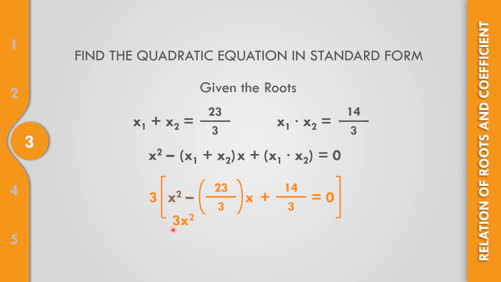So 3 times 1, that is 3x squared. And then cancel 3, so what remains is negative 23x. And then if we distribute 3 by 14 over 3, cancel again 3, so what remains is positive 14 equals 0. So the quadratic equation in standard form is 3x squared minus 23x plus 14 equals 0.